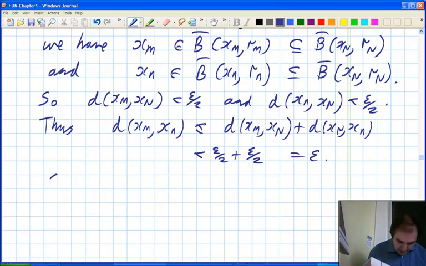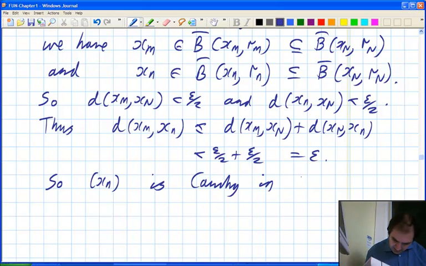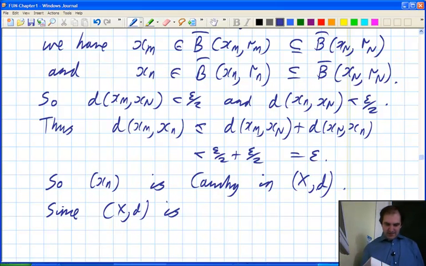Right, okay, so xn is Cauchy in X. Since X is complete, or since XD is complete, okay, we'll say it's in XD just to be more accurate. Since XD is complete, xn converges.